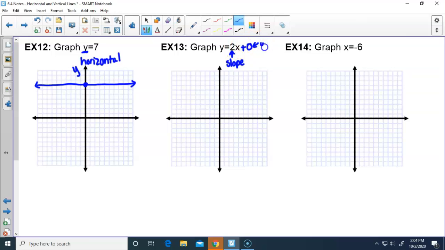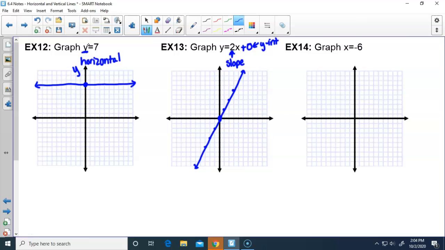So that is your y-intercept. So you've got a y-intercept at 0 and a slope of 2. So you'll go up 2 to the right 1, up 2 to the right 1. A lot of students will graph this as a horizontal line because they are not sure what to do with that x there. They don't recognize that it's different than y equals just 2.